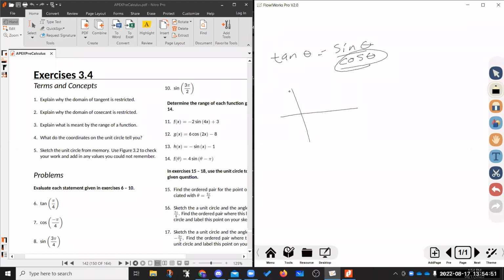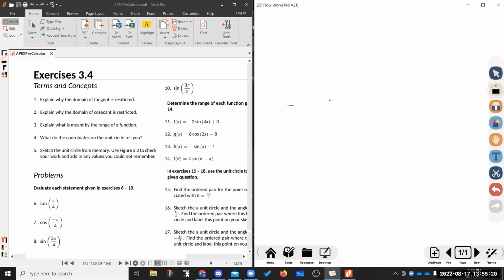The cosine graph looks like so, as a wave that has zeros at pi over 2, 3 pi over 2, comes down again at 5 pi over 2, negative pi over 2, negative 3 pi over 2. So it's undefined at all the odd multiples of pi over 2, because those would be zeros of cosine that would make the graph undefined.